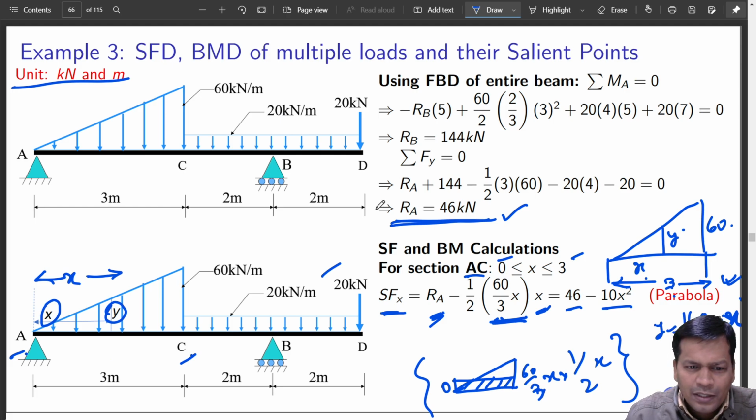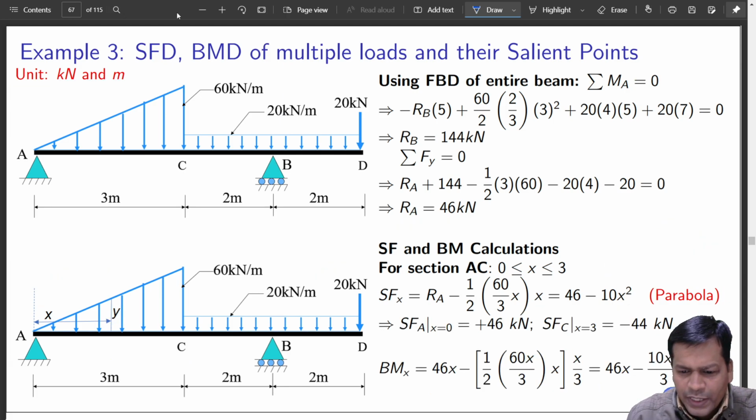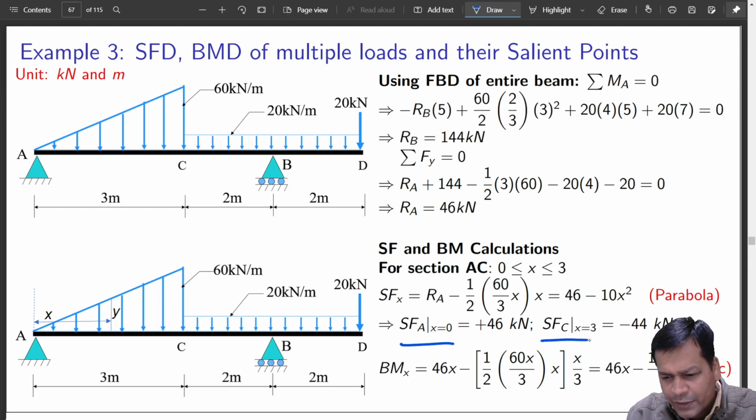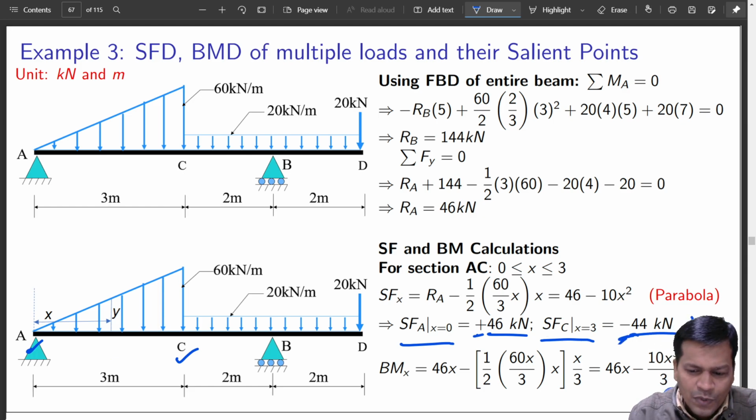Now I'll find the values at the extremes, because I have to plot them at a later stage. At x equal to 0 and at x equal to 3, at this location and this location, I have found the specific values. So you see it is positive and it is coming negative.